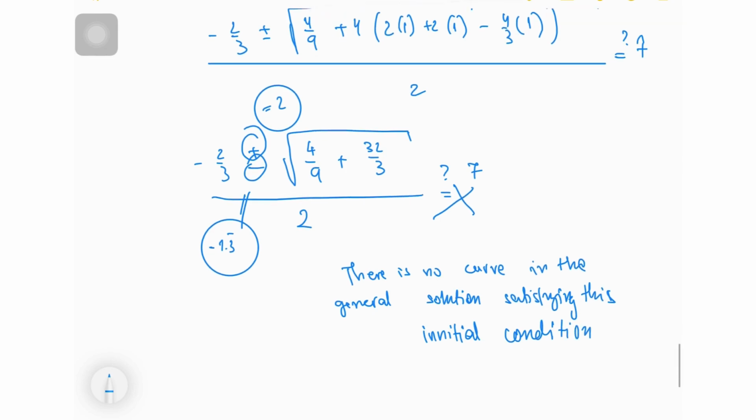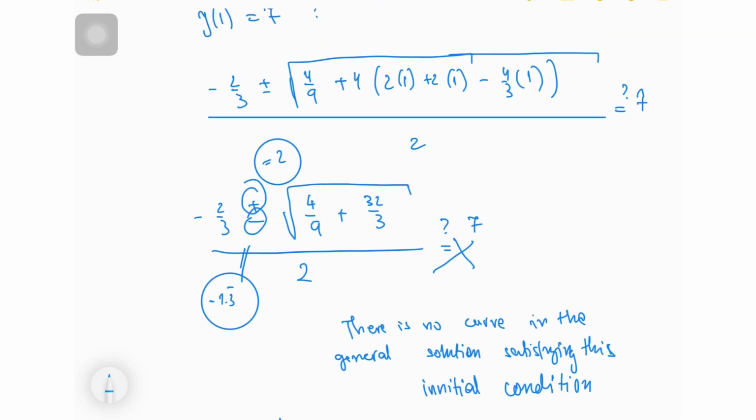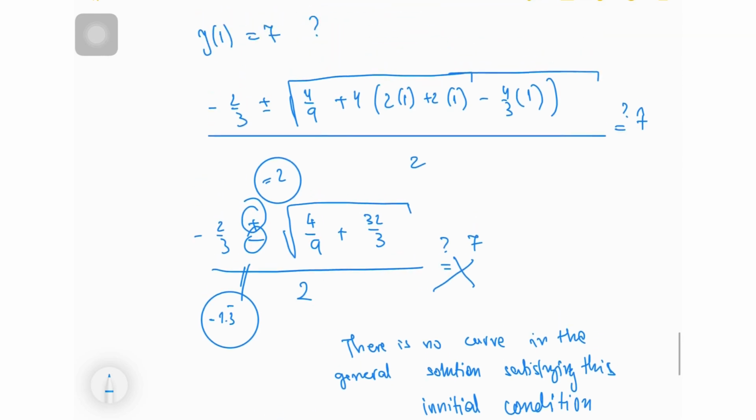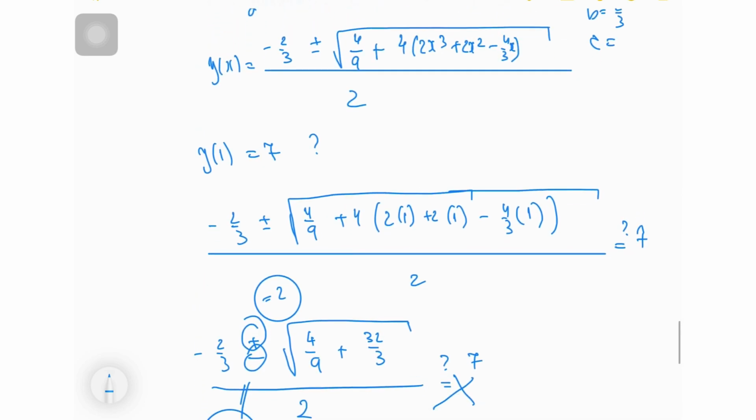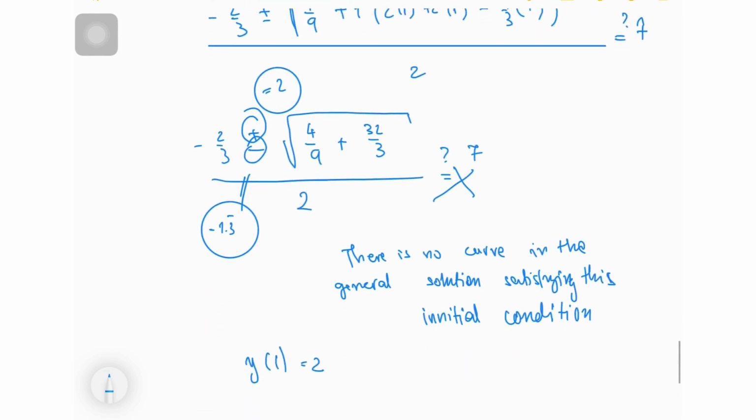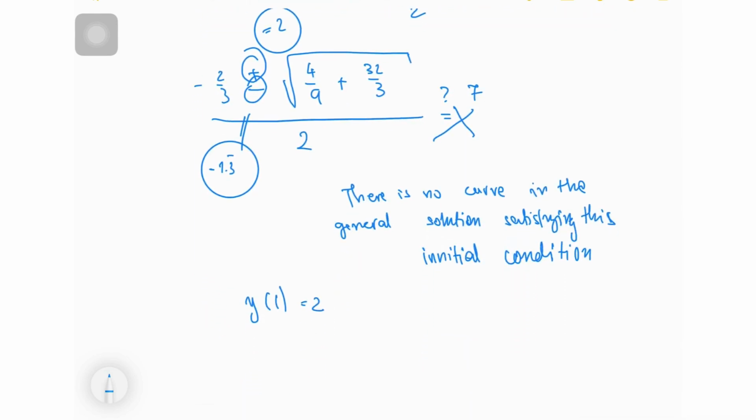Okay, if we had, like, y of 1 equals 2, then we could take one of them and say that is the one, but for y of 1 equals 7, there is no such solution.